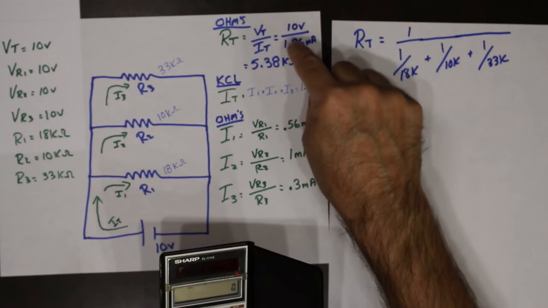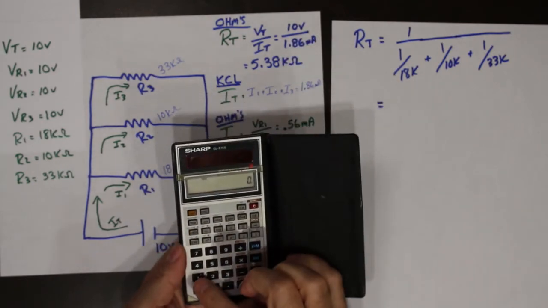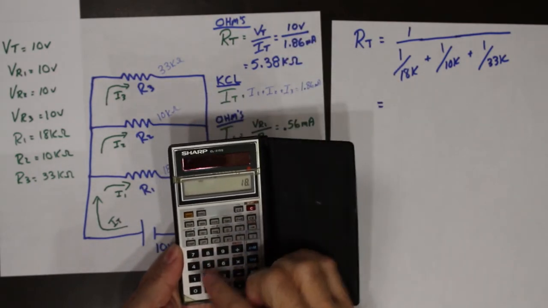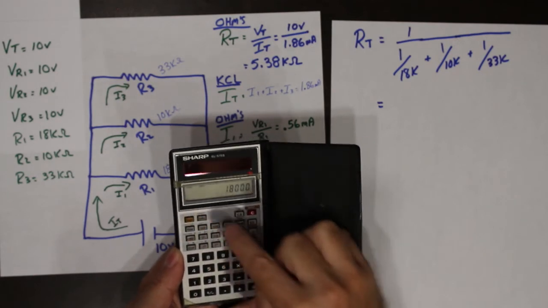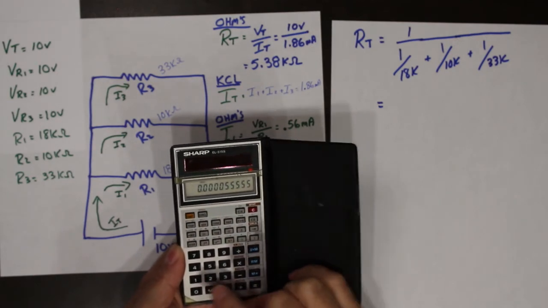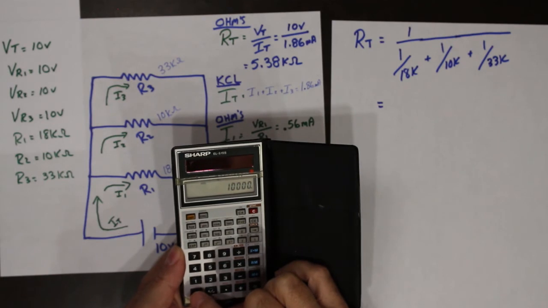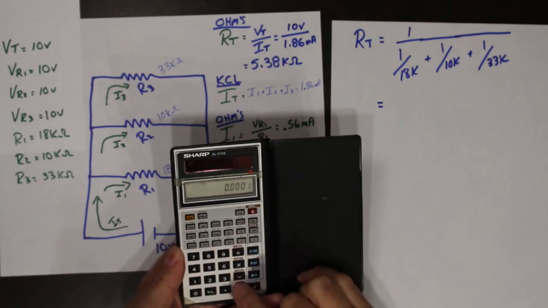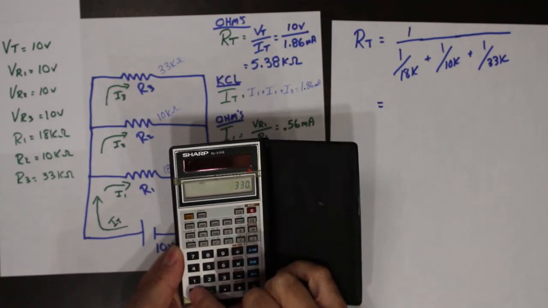Again, rounding off because of calculations. So we've got 1 over 18K plus 1 over 10K plus 1 over 33K.